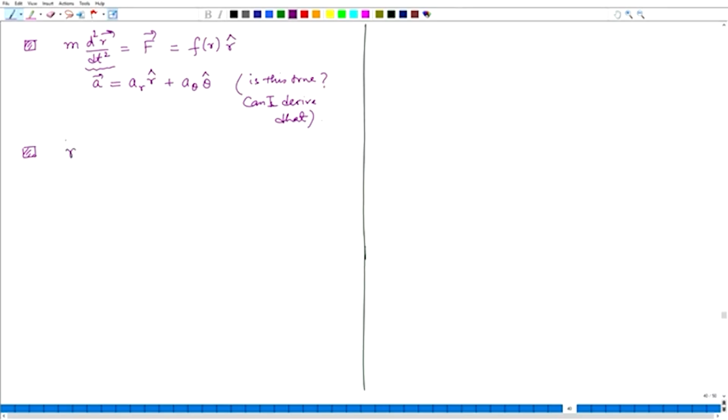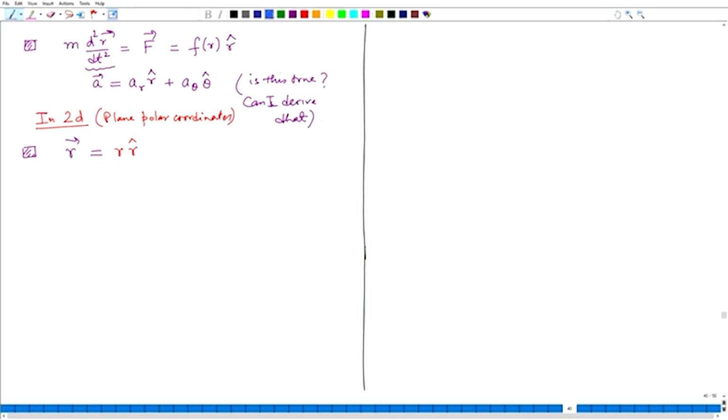So, r vector, now I just go to 2D, that means I have plane polar coordinates. I know that in this system I always have this r vector as r times r cap. So, this is the definition of r vector.